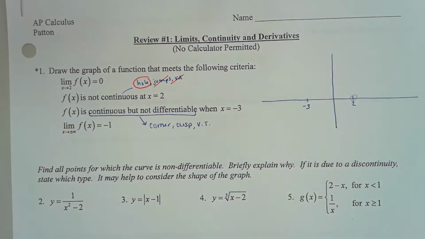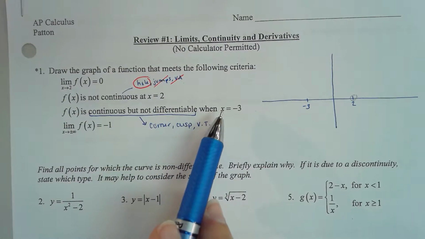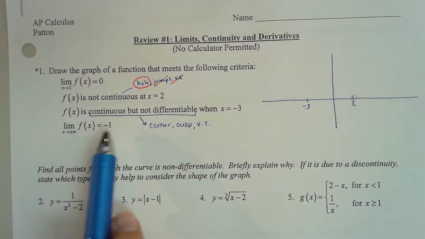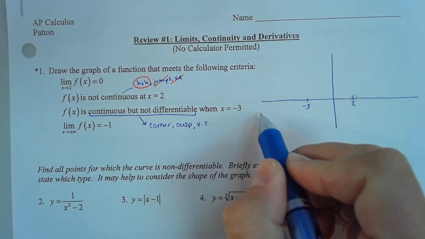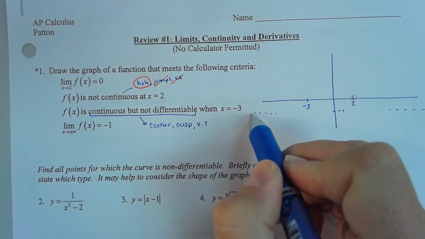Not a vertical asymptote, but a vertical tangent. And that's all they tell us about what's going on at negative 3, so we get to choose. And then it says, as x approaches positive or negative infinity, the y values will reach negative 1. That's really just telling us we have a horizontal asymptote. So I need to flatten out here.